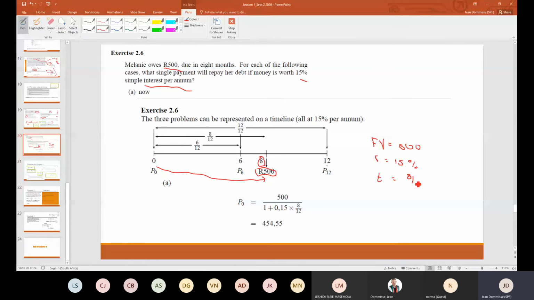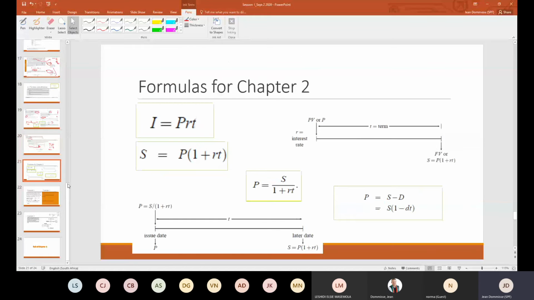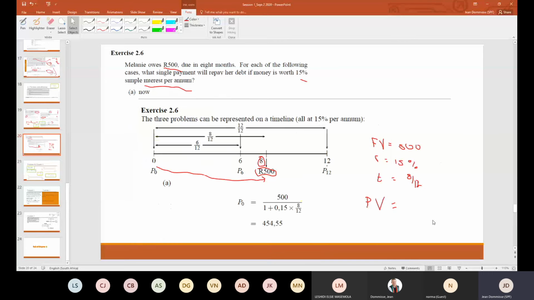So we need to get to a present value. So again, if I look at present value, I would first go to my formula page. I would say, okay, not that one. Where's my present value? That is the formula that I would need to use.